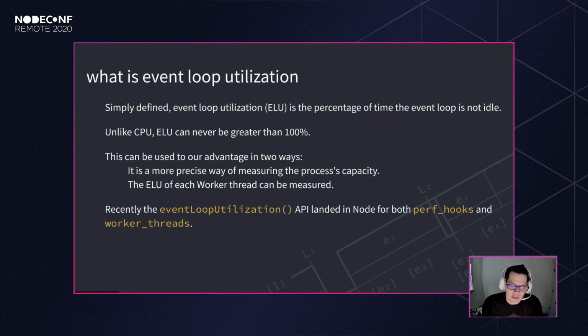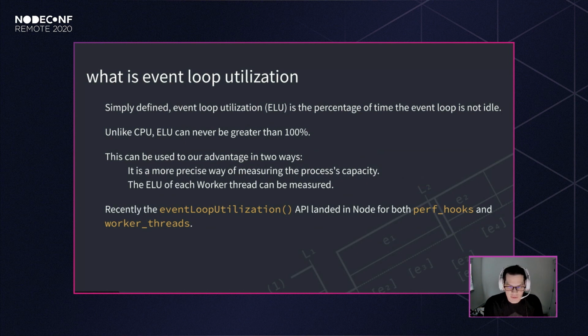First off, as we'll see, it's a more precise way of measuring the process's capacity, and the ELU can be used to get information from each worker thread. There is not a cross-platform compatible way of retrieving thread-based CPU usage, but ELU can be calculated for every event loop running on every thread, helping us monitor all the workers.